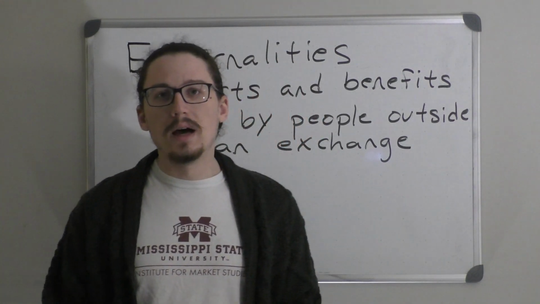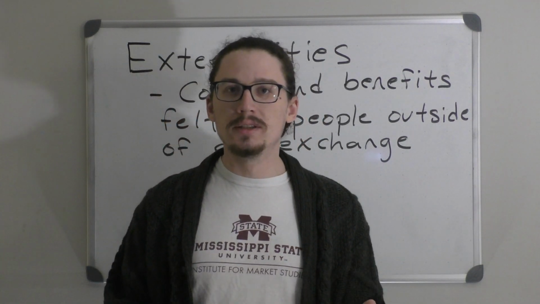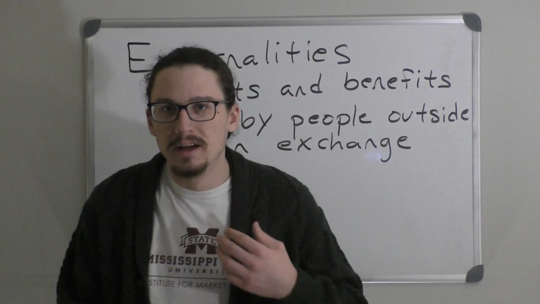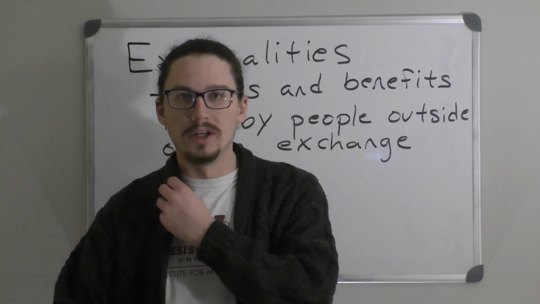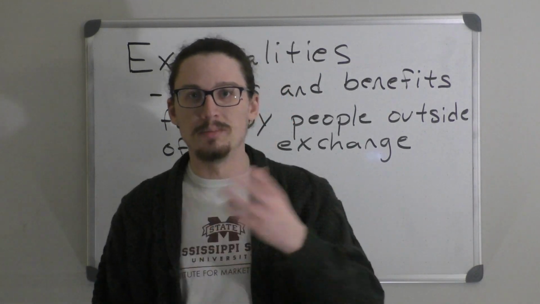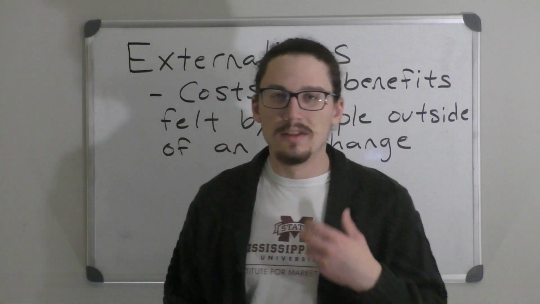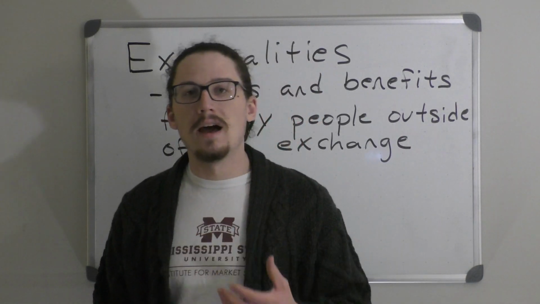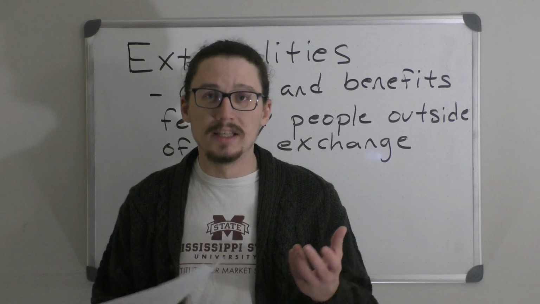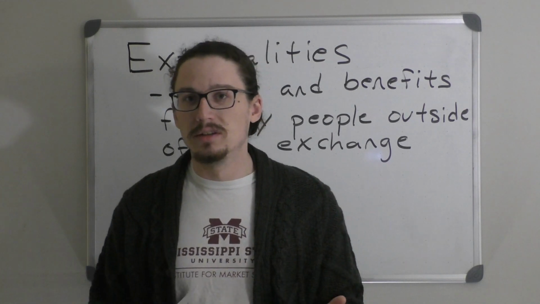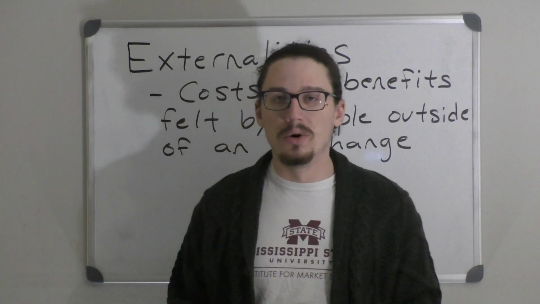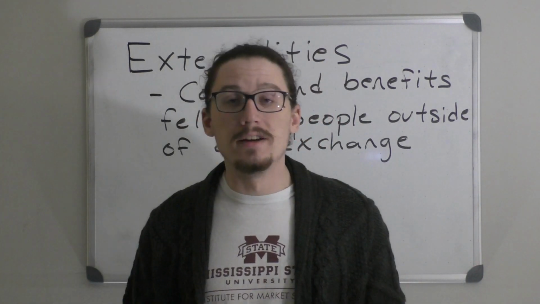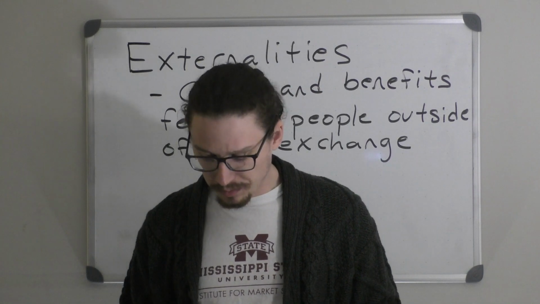So when we have a good where the production and consumption have these benefits or costs that are felt by people outside of the exchange, we can have what people will say is an inefficient level of production, or an inefficient output level.